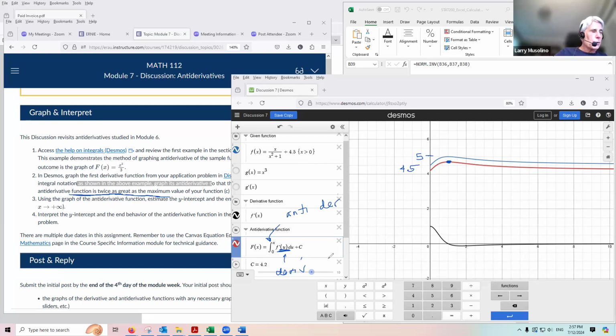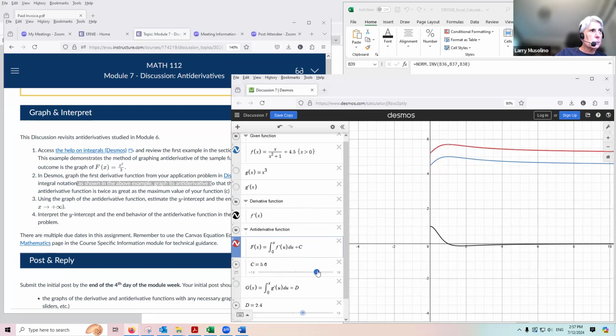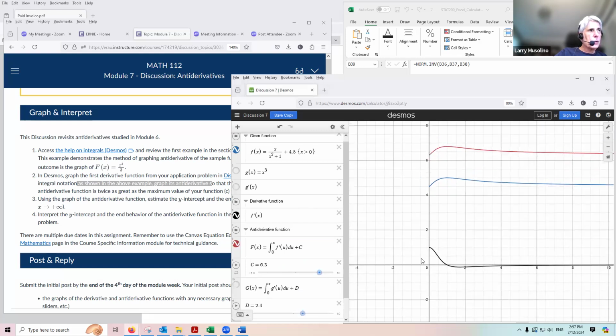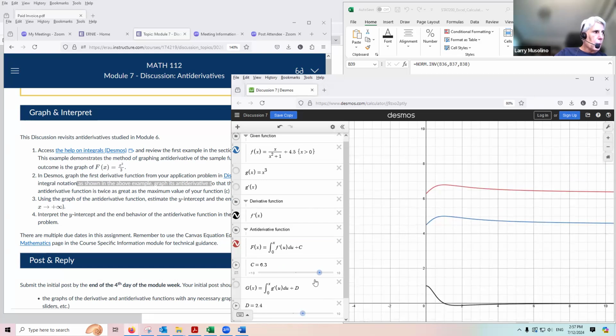All I have to do for that is take the slider for C and modify it. Let me do that. I'm going to take the slider for C and make C get bigger and bigger. And let me drag the graph down so you can see it. All I have to do is get C to go up to about 9, roughly. And there it is. The maximum of the red graph is about twice the maximum of the blue graph.